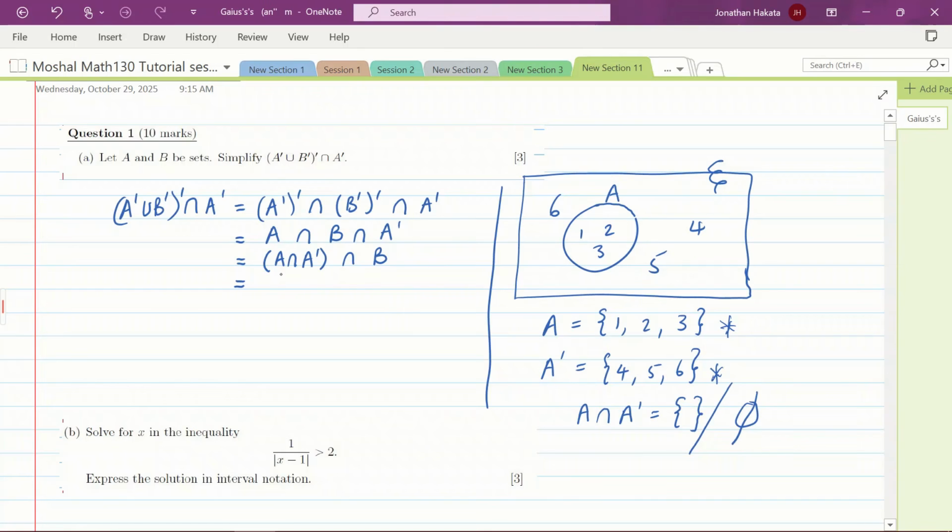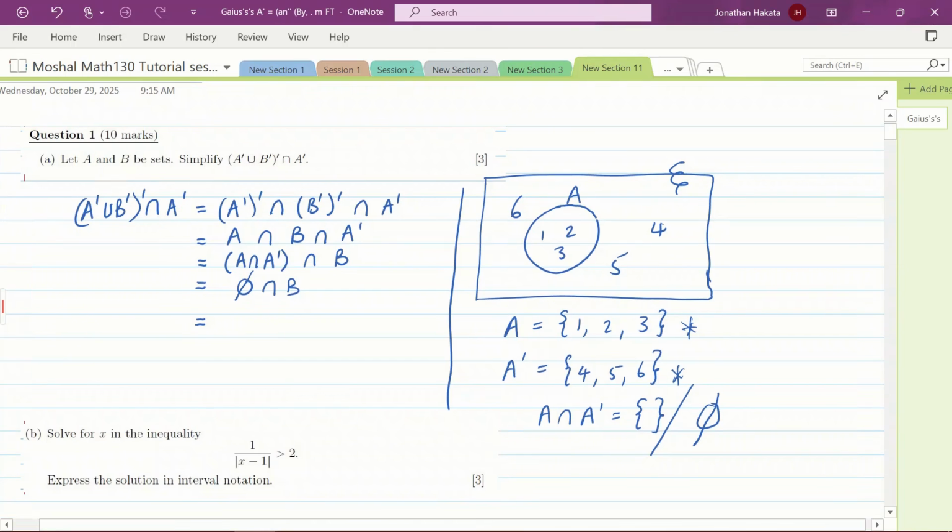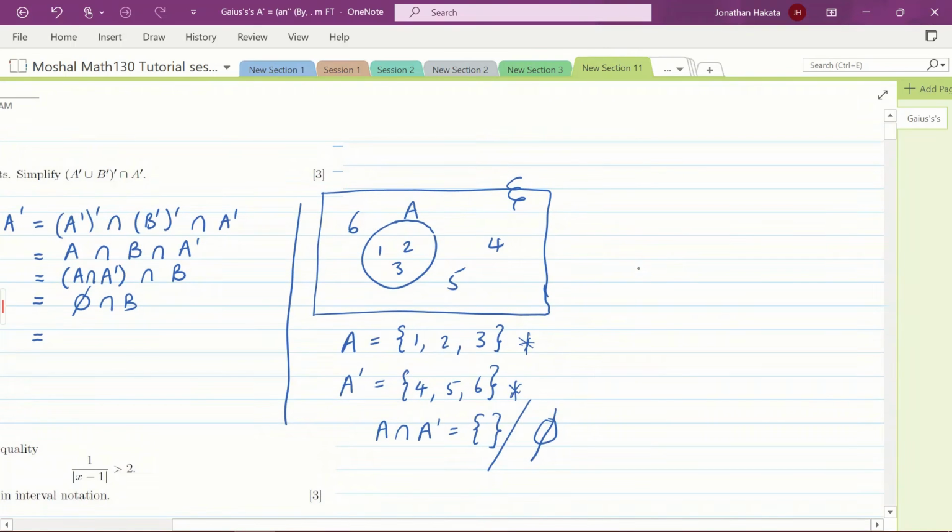So coming back to this problem that we are working on, A intersection A complement is just empty, intersection B. Now, we need to simplify this further. If I take an empty set, let me just illustrate here. If I take an empty set and I want to intersect it with a certain set, say for example in this case, A, the one that we just found here.